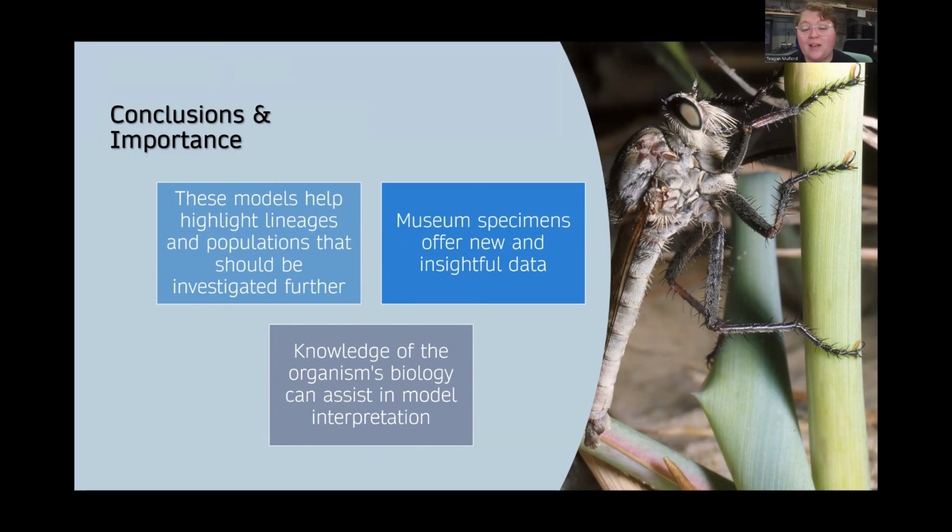And then knowing an organism's biology can assist in model interpretation. I would argue no model should be interpreted without the organism's biology in mind. If I didn't know about milbertii, then I might just go, oh, it just didn't predict it very well. But knowing milbertii's generalist behaviors and how AUC reacts to those behaviors was extraordinarily helpful.